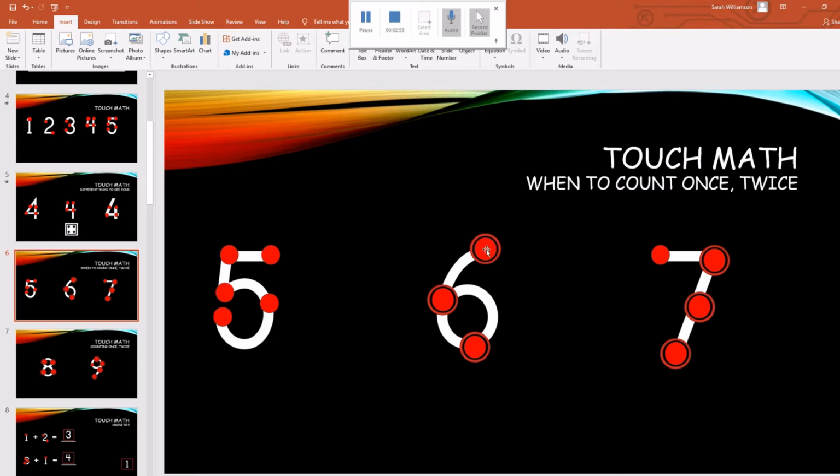And you have these dots here, and then you have this circle around the dots. Each one of these is worth 2. So if you were counting them, you would say 1, 2, 3, 4, 5, 6. And therefore you have 2 on each of these, and you have 6 dots total.